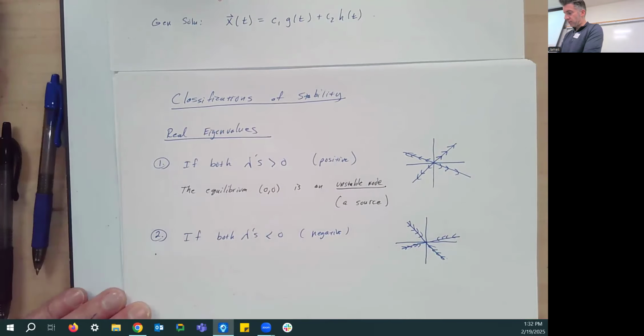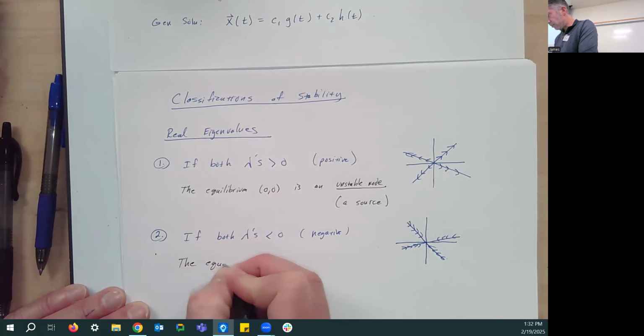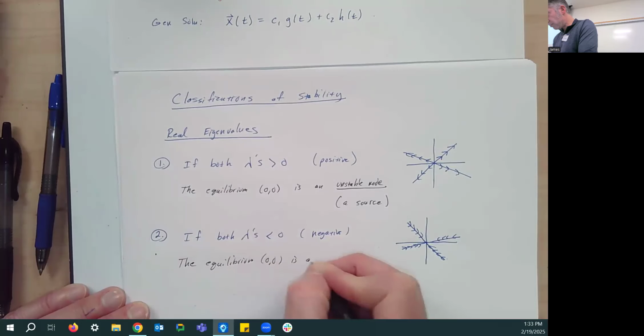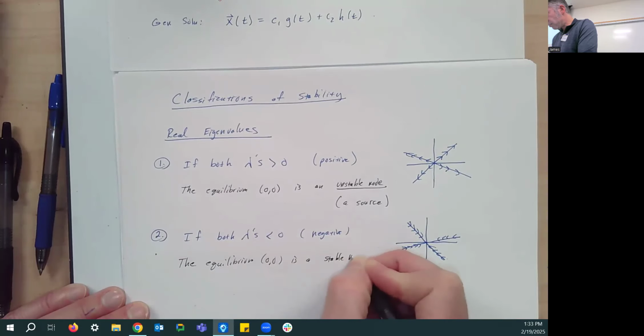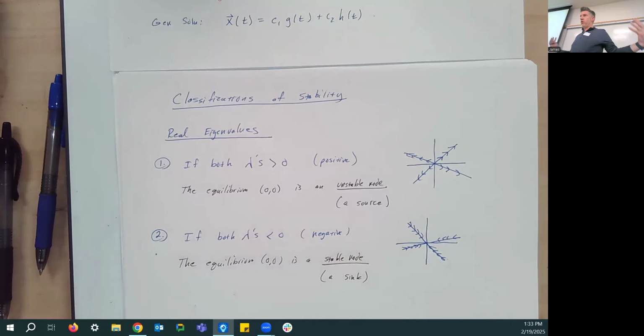And the equilibrium here is going to be a stable node, also called a sink, because you can think of everything going into the drain of the sink.